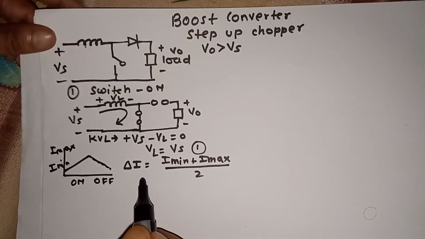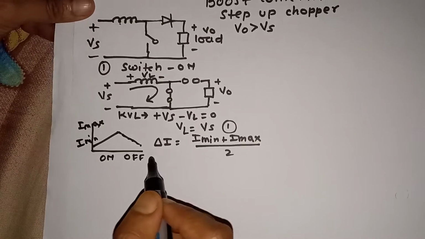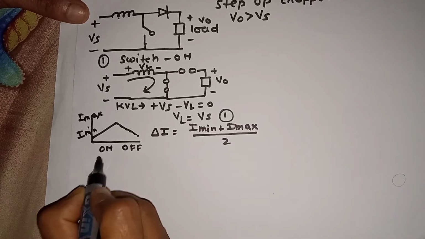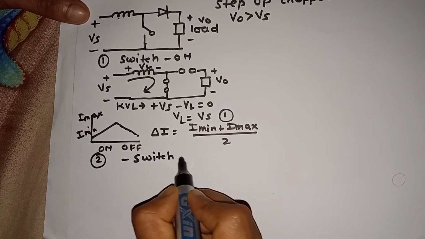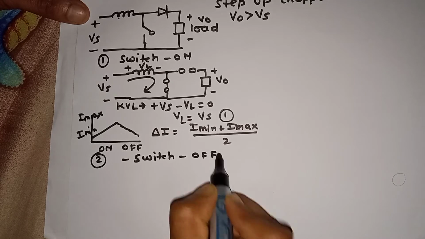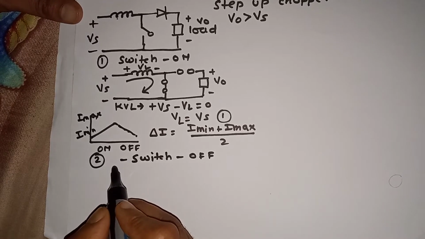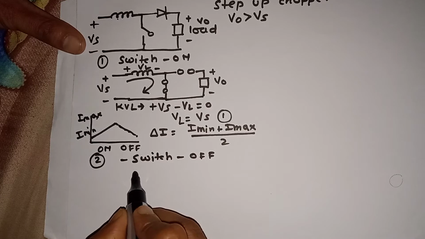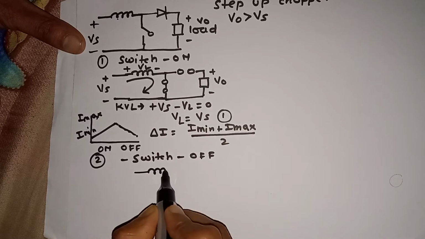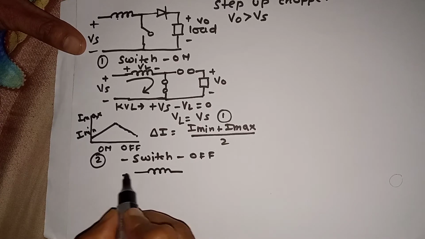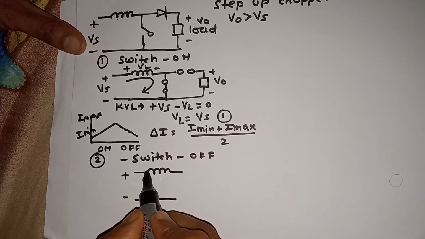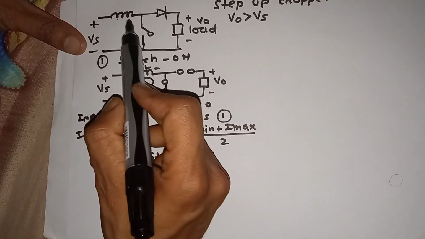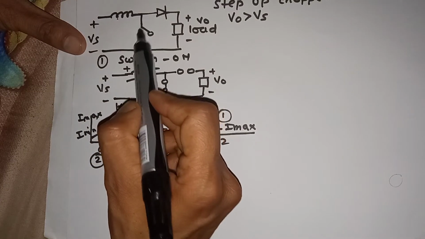Now we'll see when the switch is off. When the switch is off, we redraw the circuit here. The inductor in the off condition has this positive negative polarity. In the off condition, the inductor is going to release the energy, and that path we get through the diode because the switch is off.